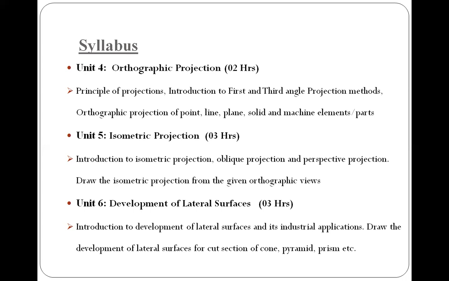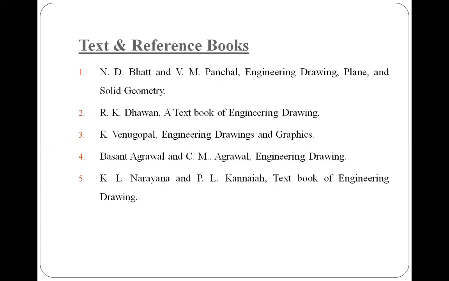Here we'll see the introduction to the development of lateral surfaces and its industrial application, and draw the development of lateral surfaces for cut sections of cone, pyramid, prism, cylinder, etc. So that is how the total 6 units are there, which are prescribed by the Pune University.